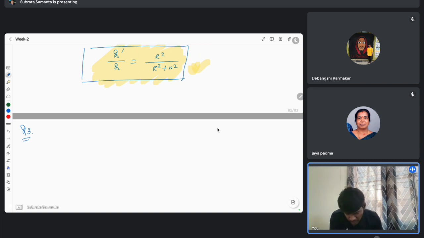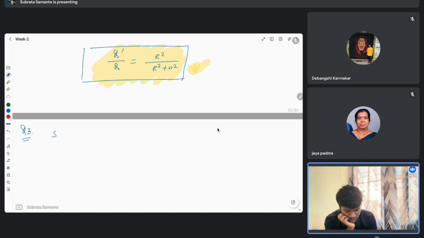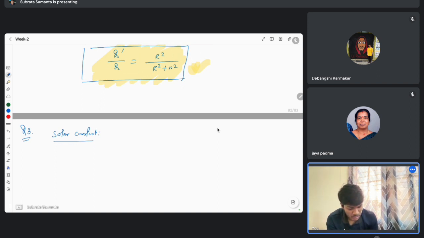Okay, so let's consider the solar constant. What is the solar constant? The solar constant is the radiation flux at the surface of the earth.